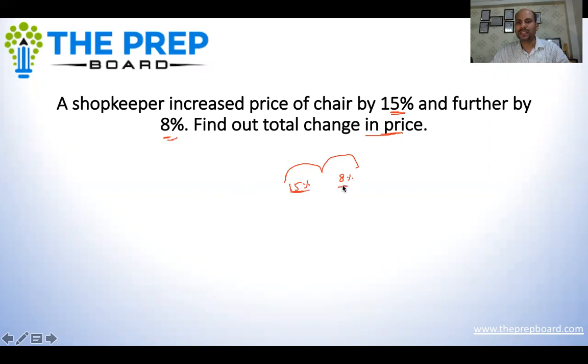For the total change, please do not make it 23. It becomes 15 plus 8 plus 15 into 8 upon 100. It becomes 23 plus 1.2, you can say 24.2%. That is the total change in price.